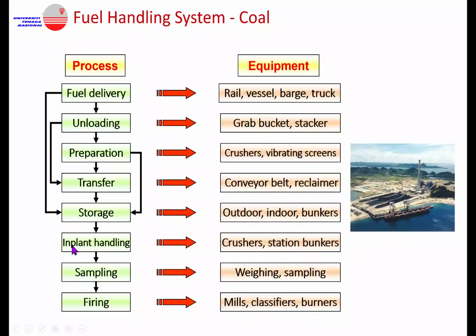You bring the coal from the coal yard using a grab bucket or stacker reclaimer, put it on the conveyor belt, and then it is transferred to the pulverizer mill.